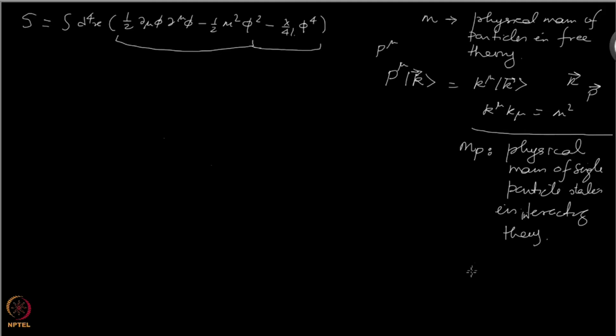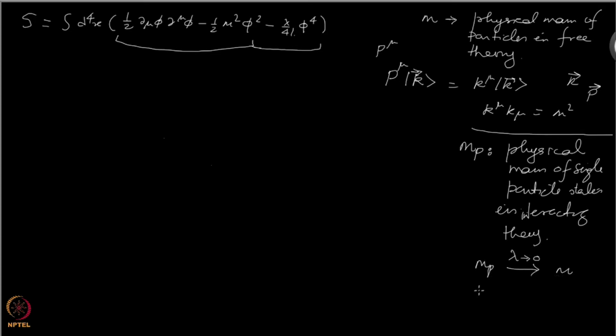Then you expect that if you were to take the parameter lambda to 0, the physical mass should tend to m, because after all, if lambda goes to 0, that term goes away and you are back to free theory. So, it is obvious that the physical mass should go to the parameter m, because you are going to free theory in that case. So, as lambda goes to 0, this should be true.